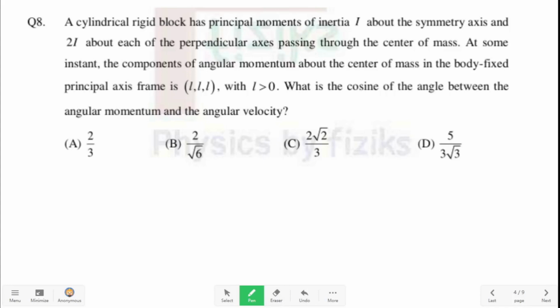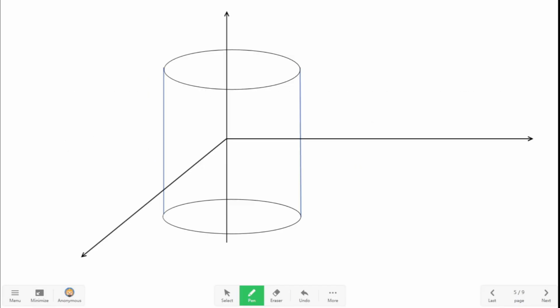Here is a rigid body dynamics problem from JEST 2024. We are given a cylindrical rigid block which has principal moment of inertia I about the symmetry axis. This is the symmetry axis, the Z axis.